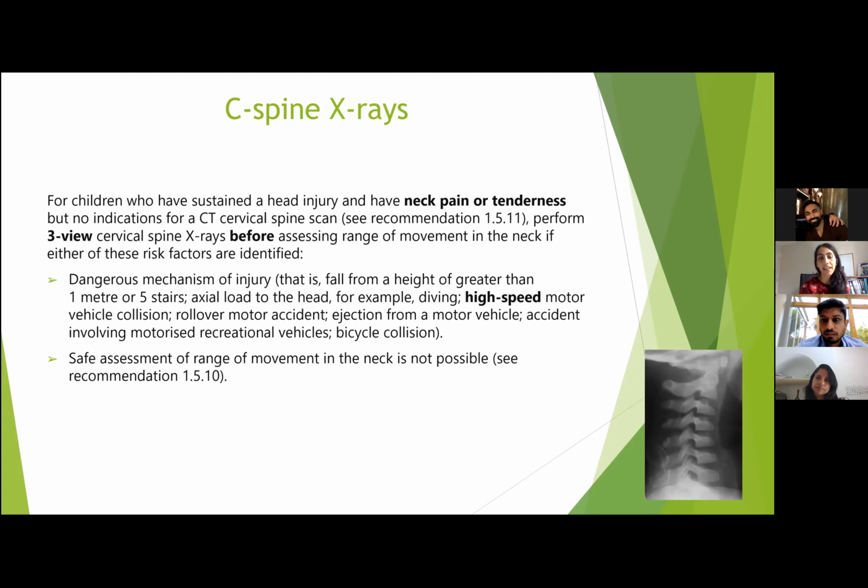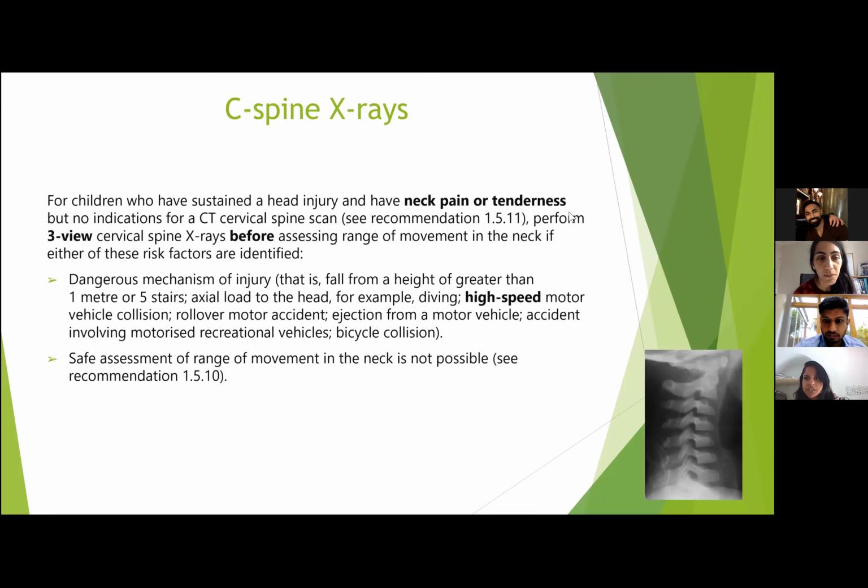And then the things that we see: rollover motor accidents, ejection from cars, and then bike collisions as well. A lot of the time, it's not always possible to clinically clear the C-spine. So again, do the x-ray first, and then we can use Canadian C-spine rules as well. Okay, is everybody clear?